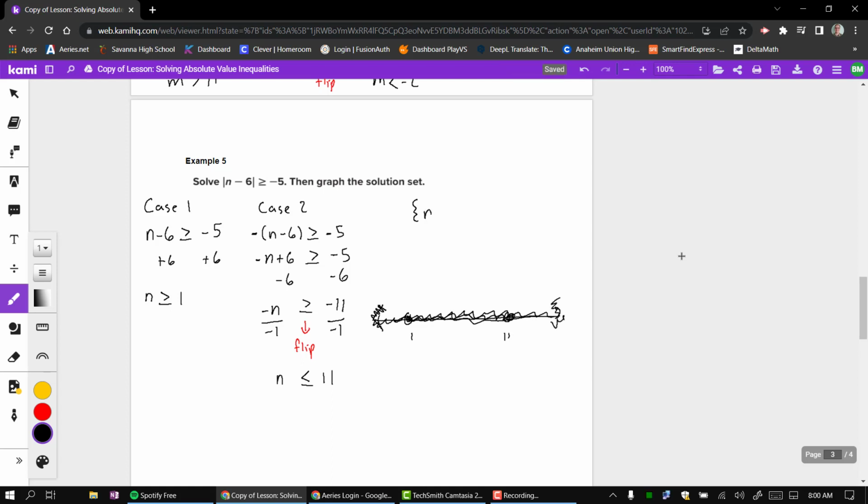We want values of n such that n is greater than or equal to 1, or n is less than or equal to 11. So this means our solution set is all real numbers.